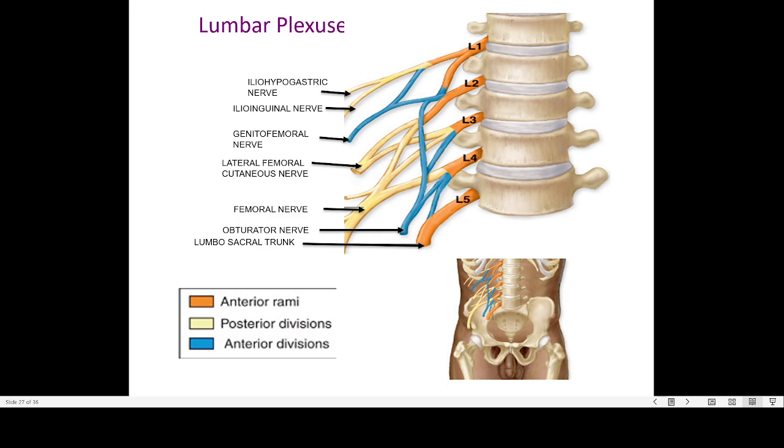You can see the blue color is the anterior division, then the yellowish white is the posterior division.